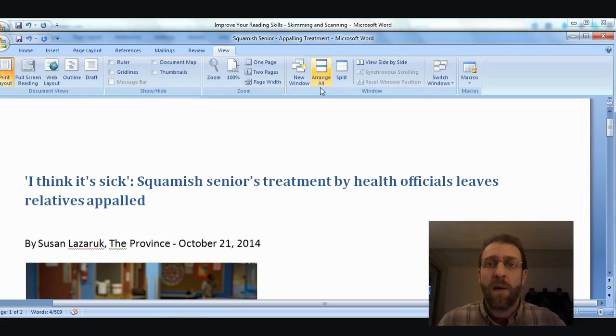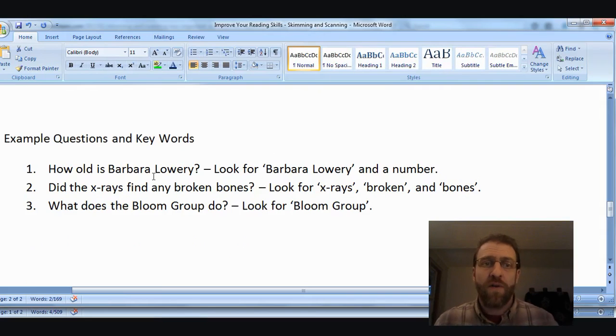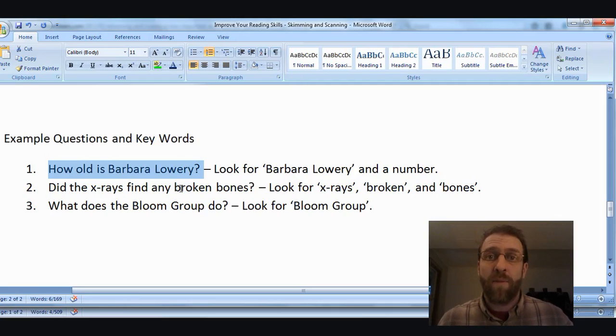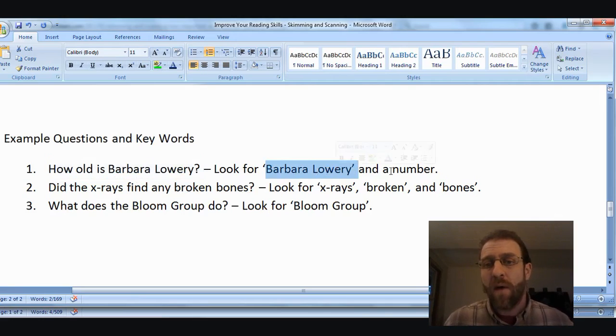Now, in the next example I'd like to give, we're going to look at these questions and the key words. So a good example of a question on a test or something might be, how old is Barbara Lowry? If that's a question that I see, the key words that I want to look for are Barbara Lowry and some kind of number for her age.